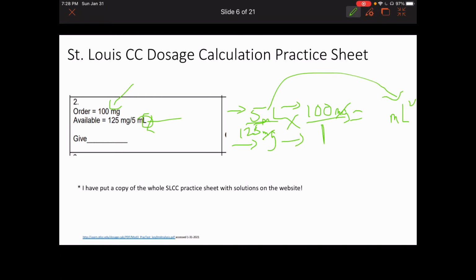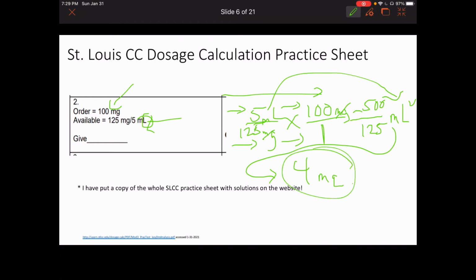And then the next thing you do is remember, you're just going to go directionally across. So 500, and then you're going to divide it by 125. What that's going to do is give you about 4 milliliters altogether, right? After you finish dividing it out.